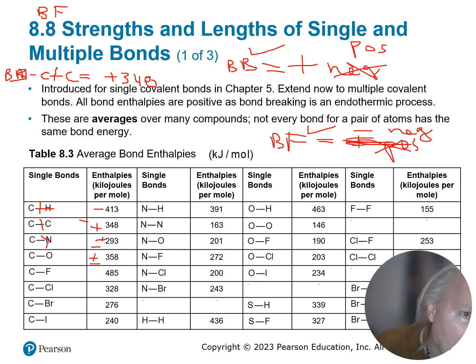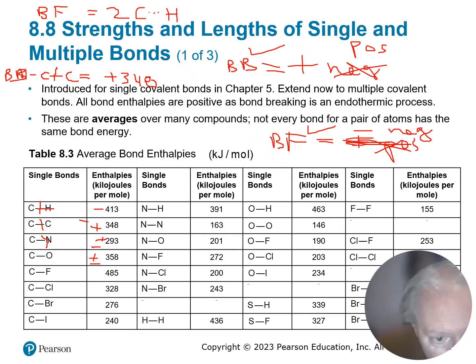So each carbon here, there's one bond breakage, but now you're going to add a carbon and a hydrogen and a carbon and a hydrogen. So you're going to have what amounts to two carbon-hydrogen bonds forming, and now it's going to be exothermic, it's going to be negative.